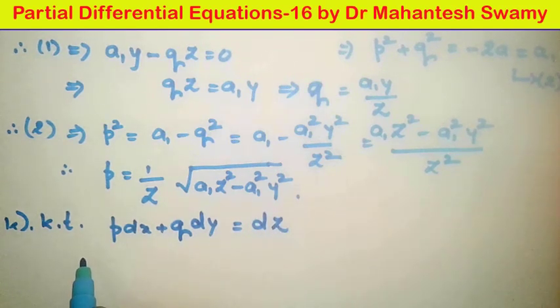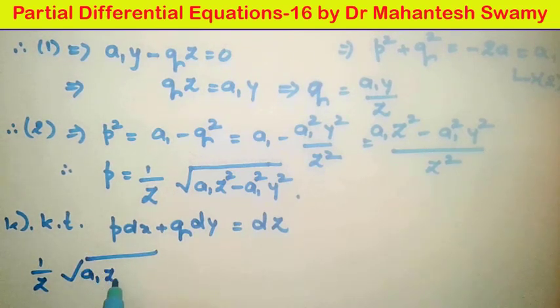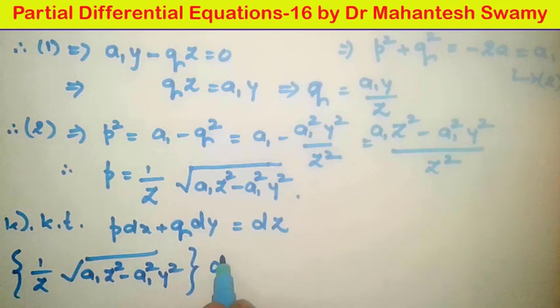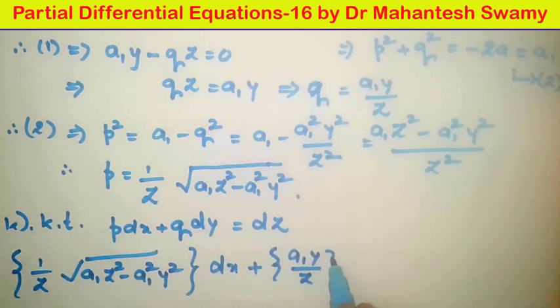So the value of p is available here, that is 1 by z into root of a1 z square minus a1 square y square into dx, plus q is a1 y by z into dy, that is on LHS, whereas on RHS it is simply dz remaining. Now z is here in the denominator of first term and as well as in the denominator of the second term.